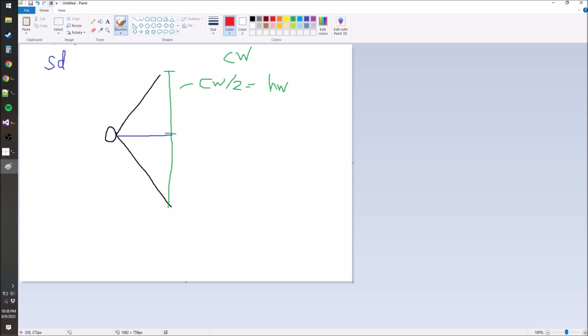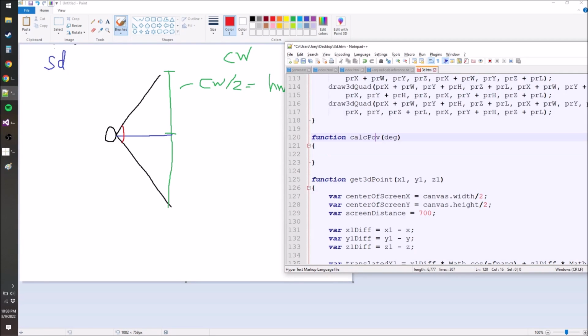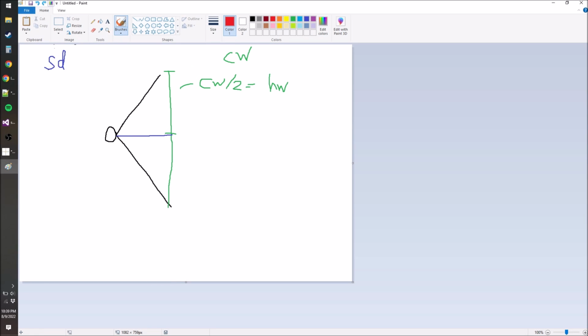And what we know and what we're giving it is the field of view, not point of view, field of view. But we're only really going to be calculating half of this because this makes a right angle with the screen. So this right here is our angle divided by 2, or we could call it HA.